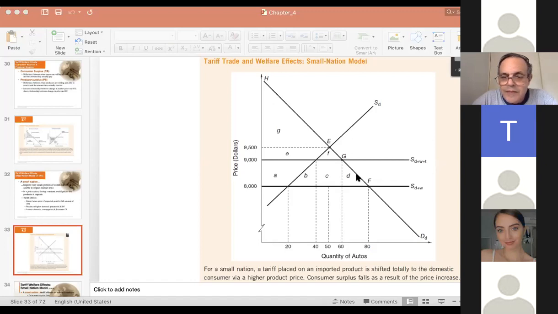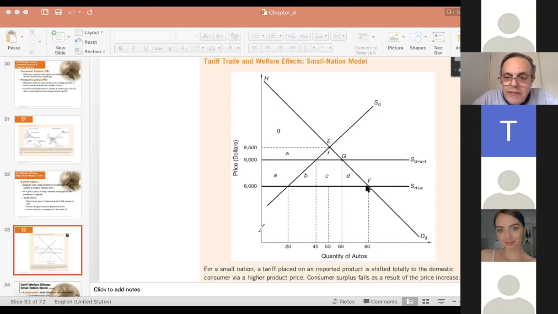Wait, Professor, that quantity is 80. Yes, 80, I'm sorry. But they can't do it because of the tariff. Or let's say they were interested in consuming 70 autos. They were actually willing to pay a much higher price of maybe 8,700. But again, they are not permitted to do that.